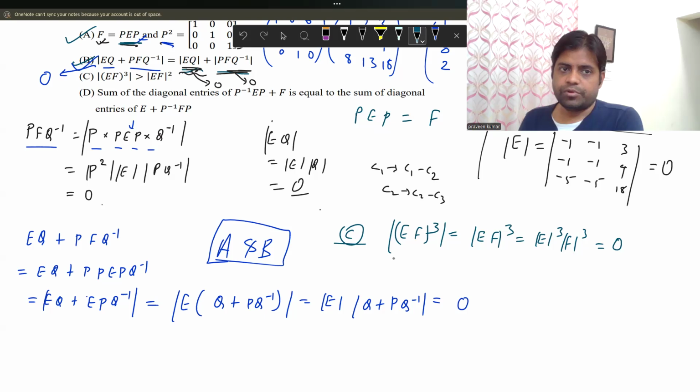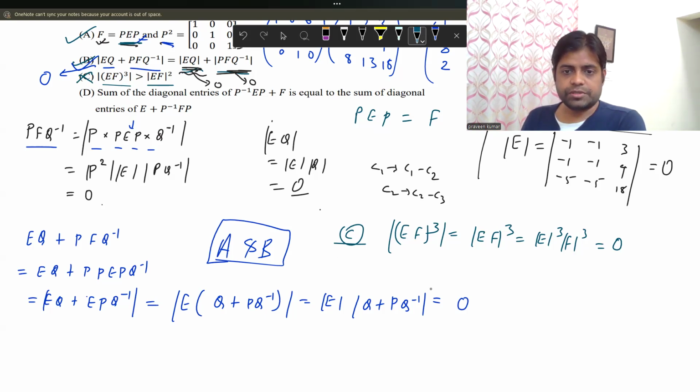So here both sides are equal, but in the question it said that LHS is more than RHS. So this is not the right answer. Any doubt? Here, just find the determinant, you'll get exactly 0 because determinant E is 0. On the right also we have E, so on the right also we have 0. So both are equal and not unequal.